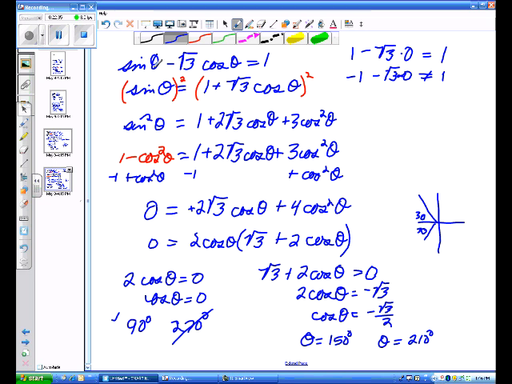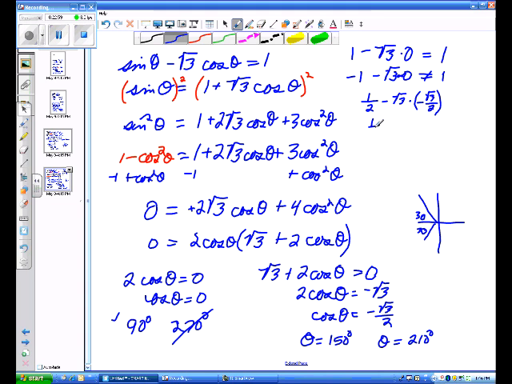Okay, 150. The reference angle's 30. We've already talked about that. So the sine of 150 is 1/2. We're in the second quadrant, so it's positive. Minus the square root of 3 times the cosine of 150, which would be square root of 3 over 2, and we're in the second quadrant, so it's negative.